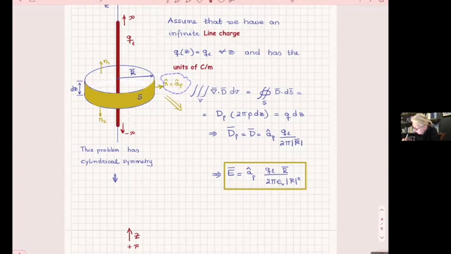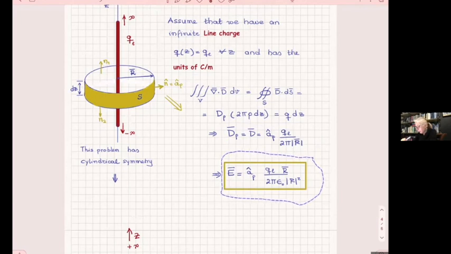And therefore, from here, we get this expression for D. The D in this problem has only one component, the radial component, and is given by this expression, which then reduces to this if I take into account the unit vector representation.